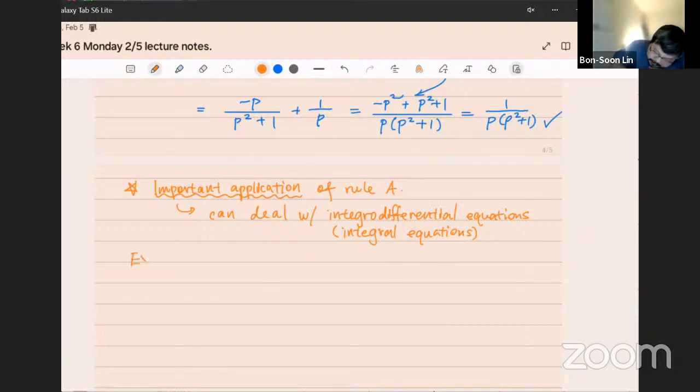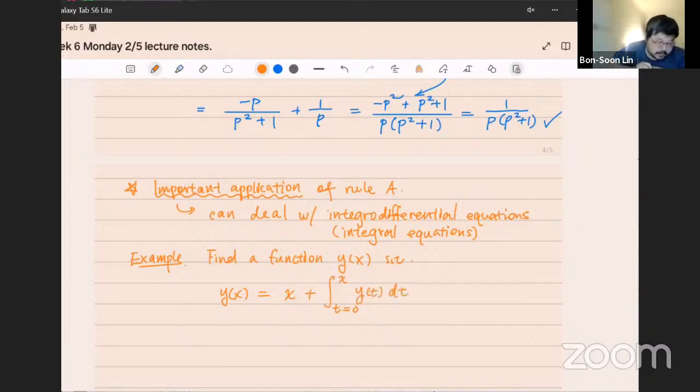So, example. Say our task is the following. Find a function y, let me write little y of x, such that it satisfies the following: little y of x is equal to x plus the integral, t going from 0 to x, of y of t dt.